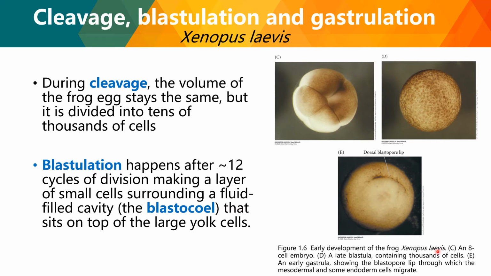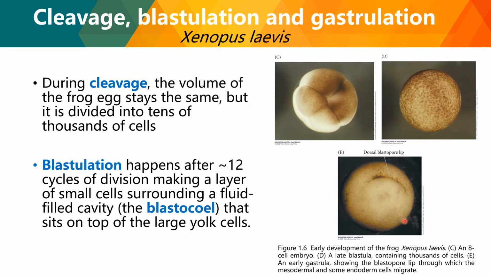In here, the figure in letter C is an 8-cell embryo. And then in letter D, if you zoom in, yung mga maliliit na bilog-bilog na yan, ganyan na kadaming nag-multiply yung cells ng egg na yan. So from 8, dumadami siya.